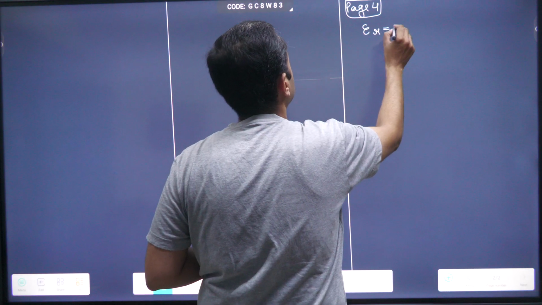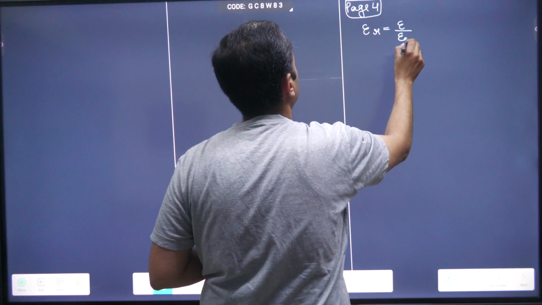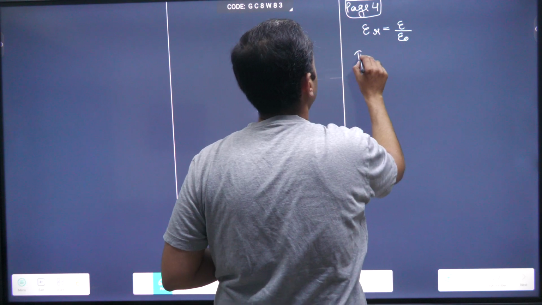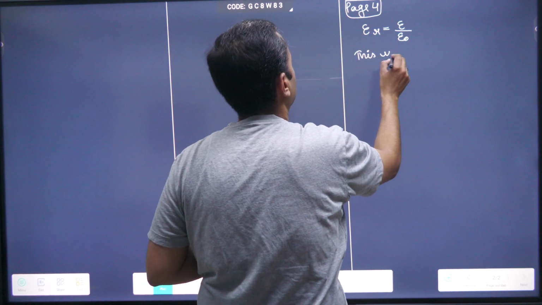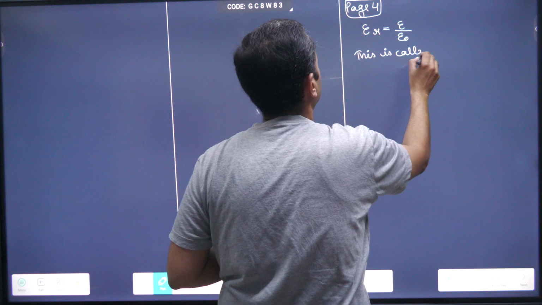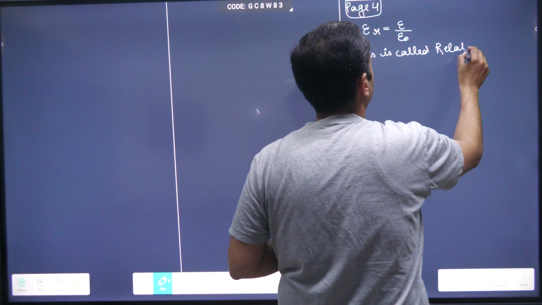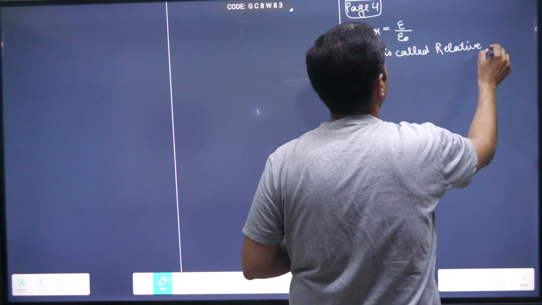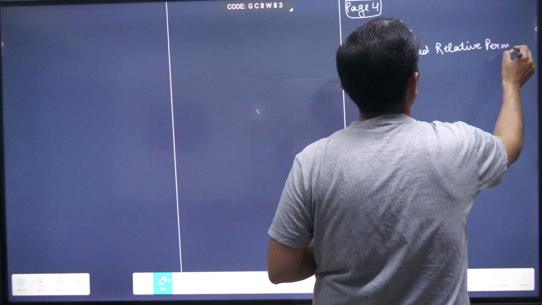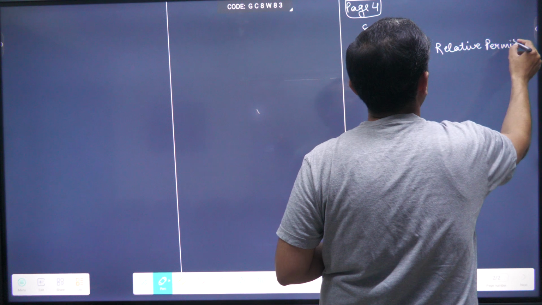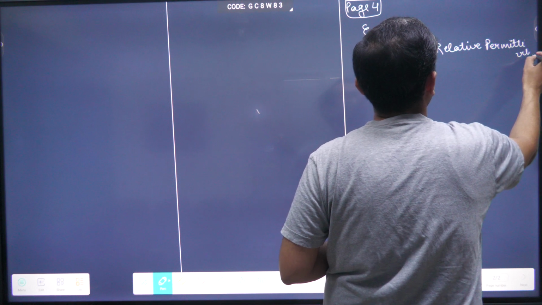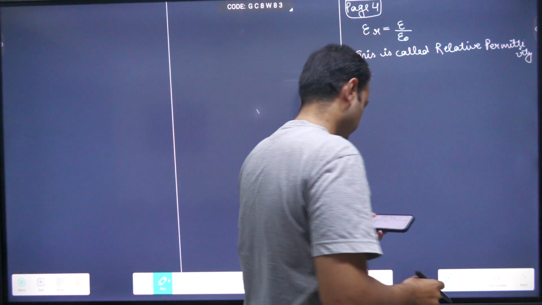Epsilon r is equal to epsilon upon epsilon naught. This is called relative permittivity.